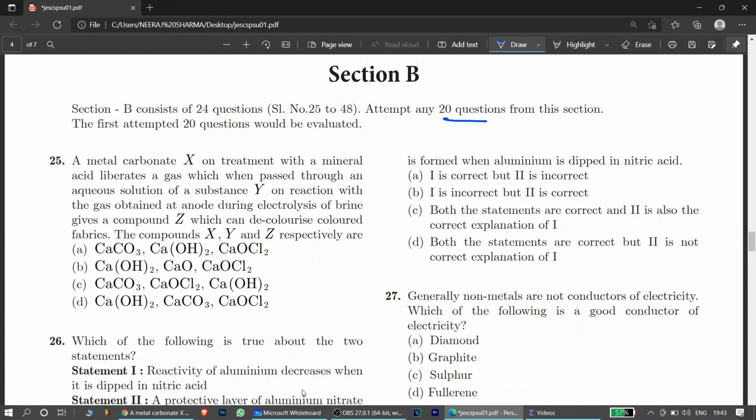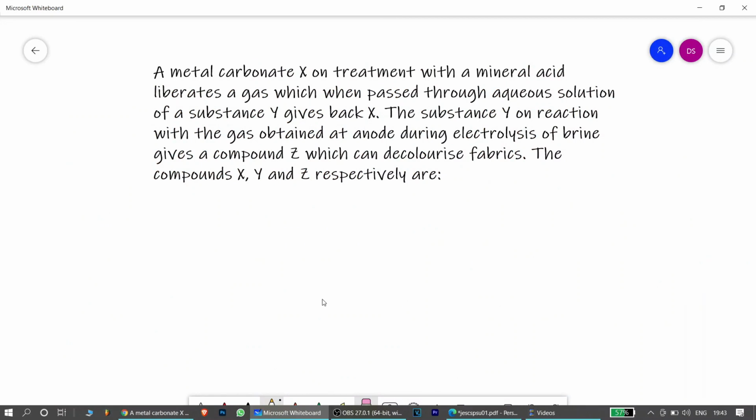Now coming to the first question: a metal carbonate X on treatment with mineral acid liberates a gas which, when passed through an aqueous solution of a substance Y, gives back X. The substance Y on reaction with a gas obtained at the anode during electrolysis of brine gives a compound Z, which can decolorize fabrics.